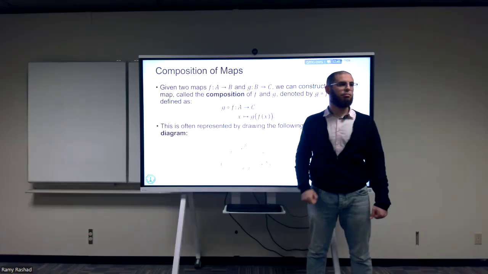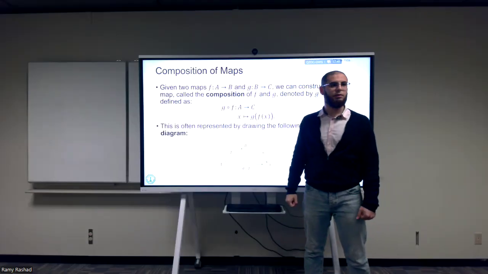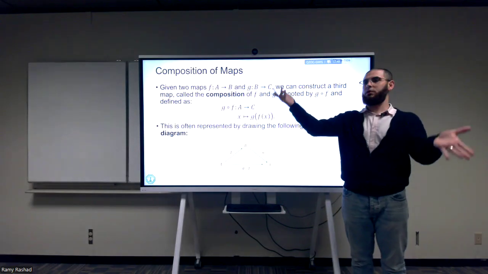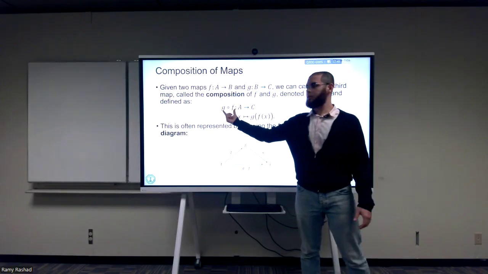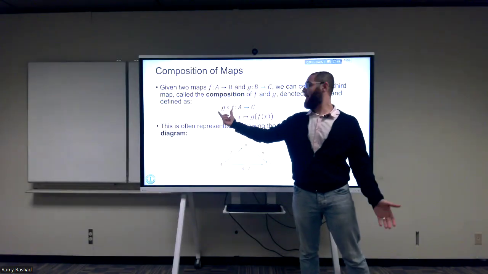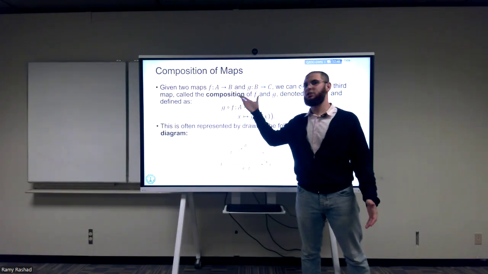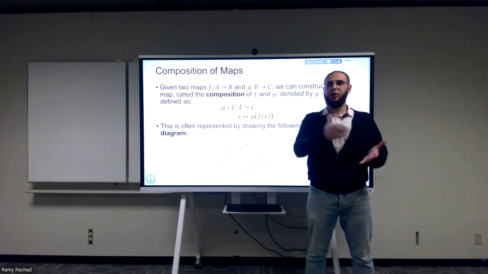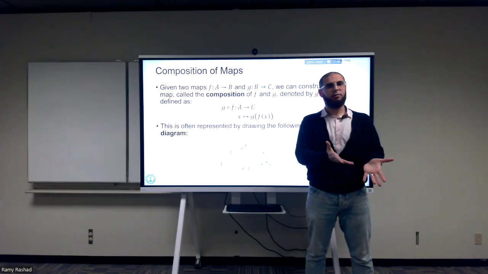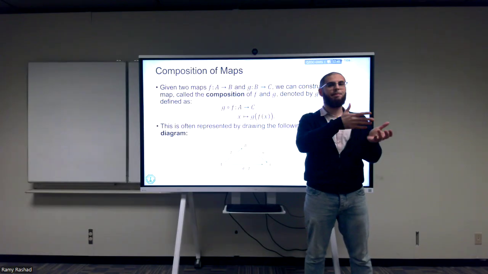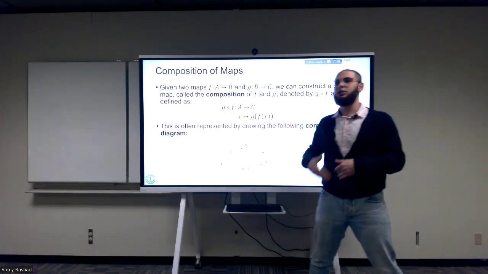For example, the map X power 4 I can write as the composition of X squared after X squared. Because I first square, get the result, and square it again. This is the definition of X power 4, right? And so on and so forth.